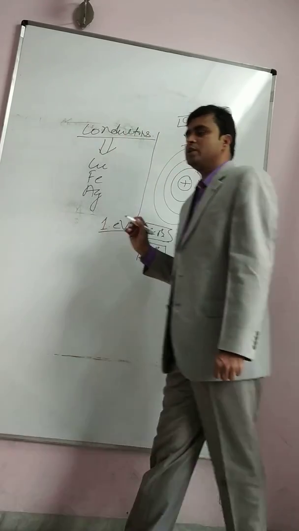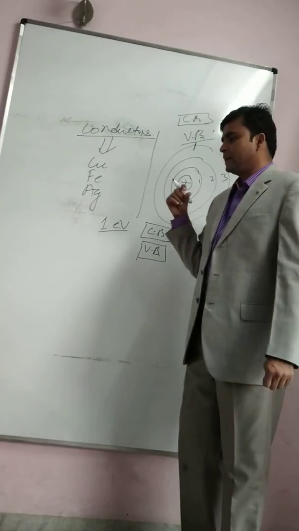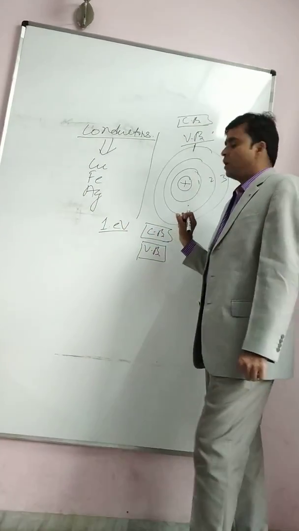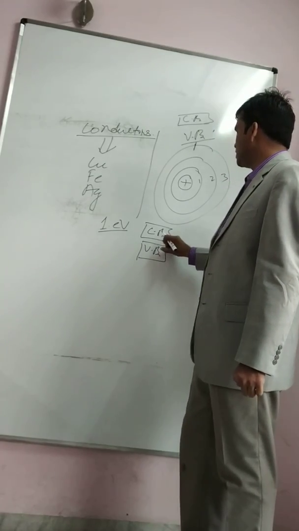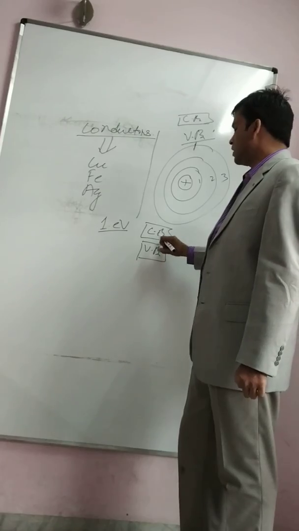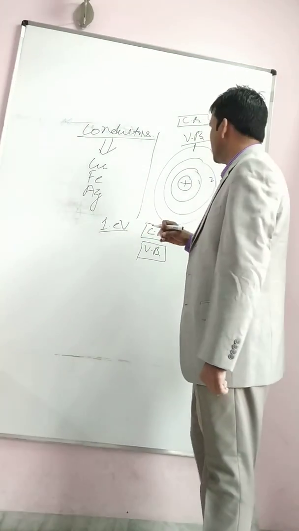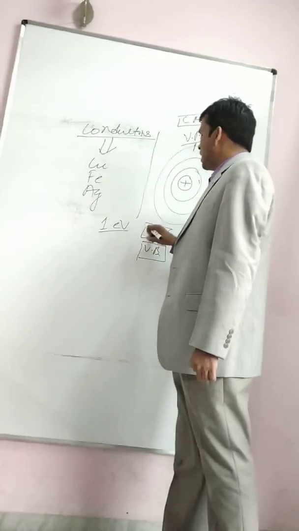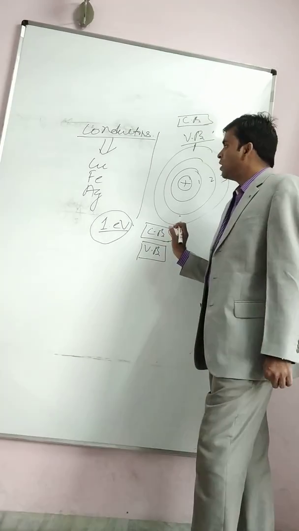The bands are very close to each other or merge with each other, so when a small amount of potential difference or energy is applied, the electrons can easily jump from the valence band to the conduction band.